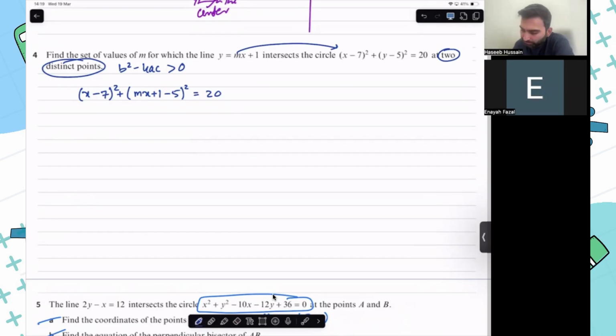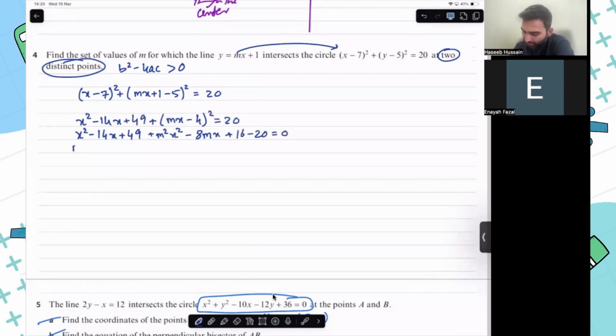So now let's open this up. x square minus 14x plus 49 plus (mx minus 4) whole square equals 20. So 49 plus m square x square minus 8mx plus 16 minus 20 equals 0.